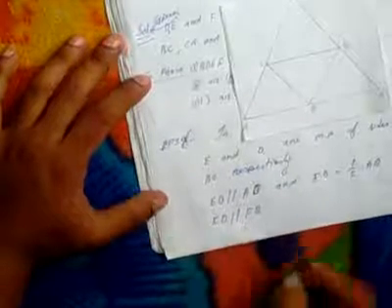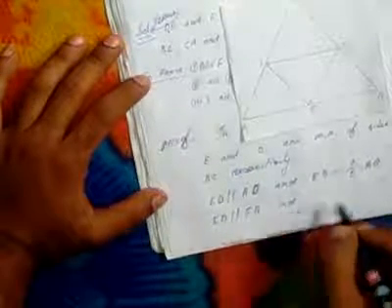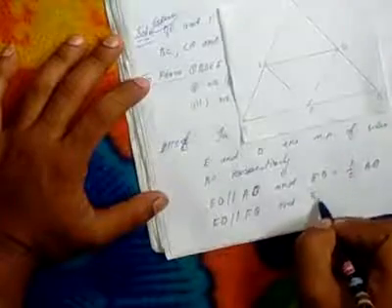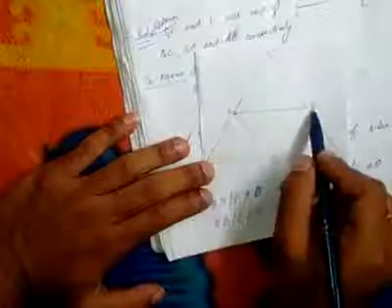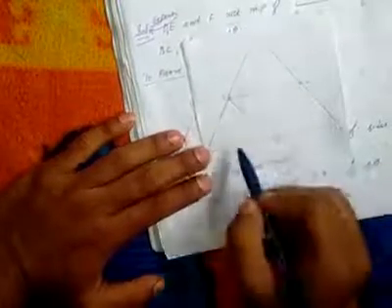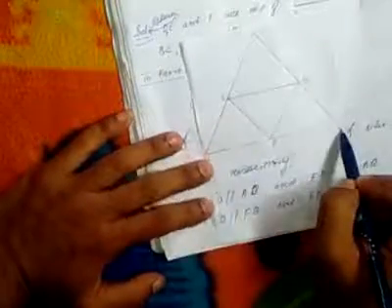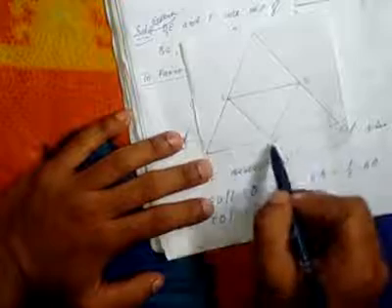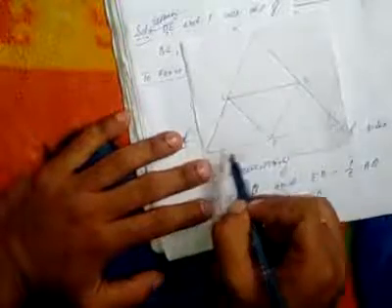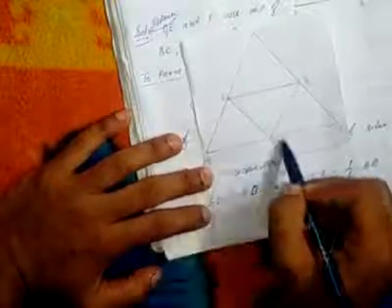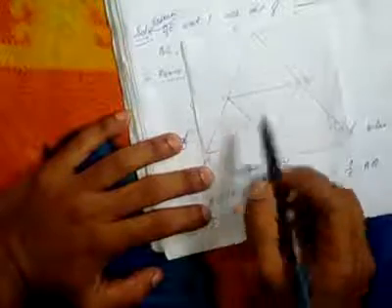Okay, we'll add FB, and again you can see ED is half of AB, isn't it? Half of AB, and F is the midpoint, isn't it? If F is the midpoint, then AF is equal to FB, isn't it?